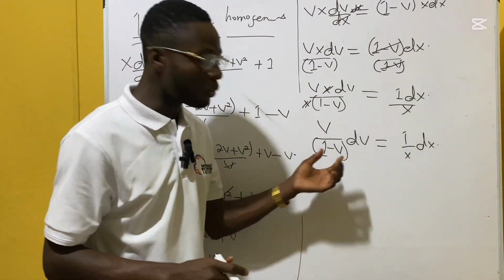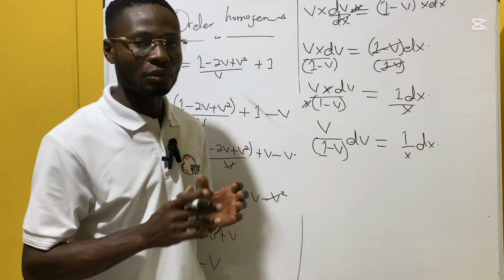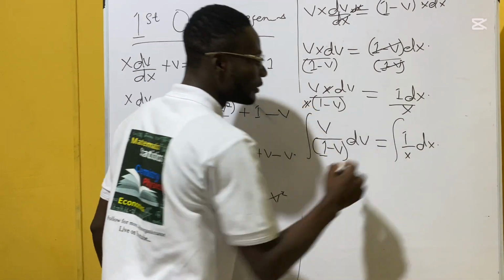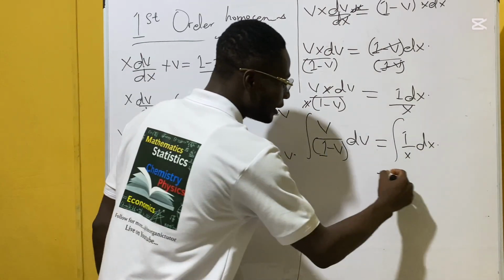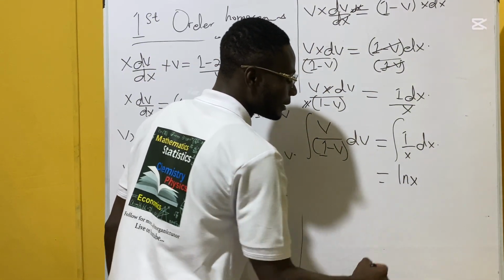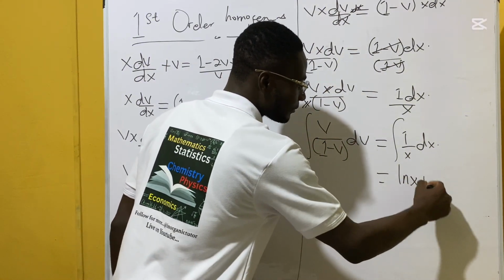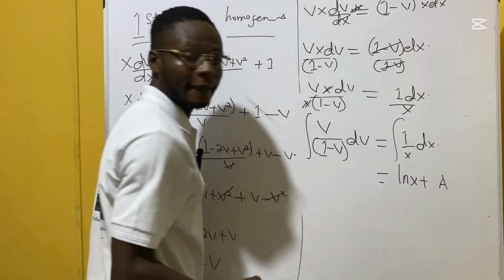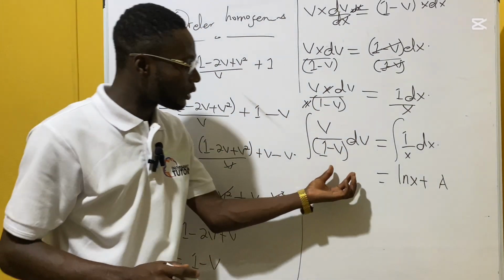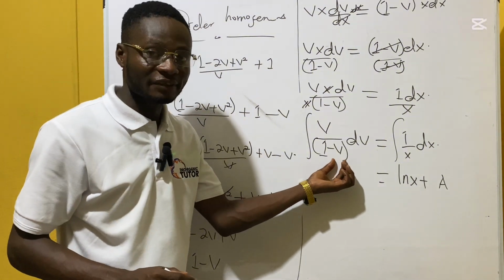Okay, so now we can go ahead and integrate both sides. Integrate here, integrate here. You know, the integral of 1 on x is ln x plus a constant, say a. Okay, so once we have this, then we now concentrate on the left hand side.